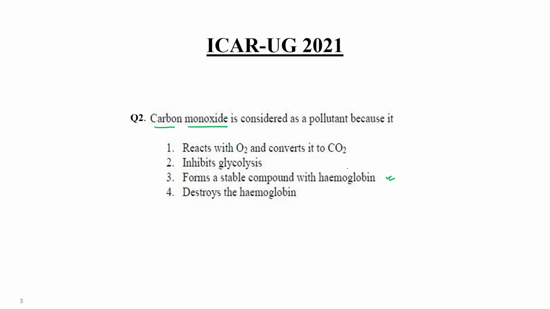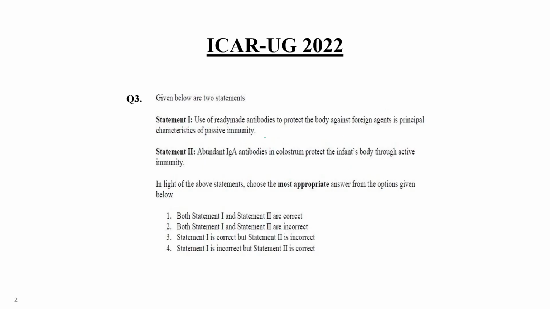Clear? Now, next question, question number 3. In question number 3, they have given us two different statements, and we have to choose the right one: whether both statements are written in a correct way or give us correct information, or only one is correct. Let's see.